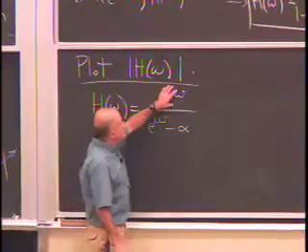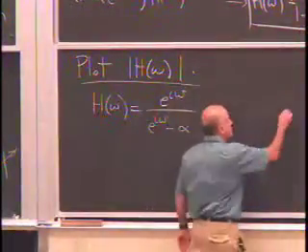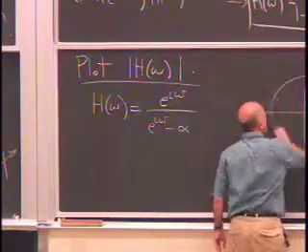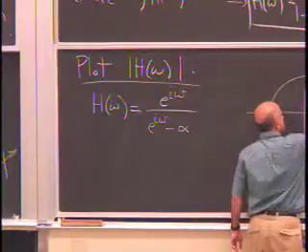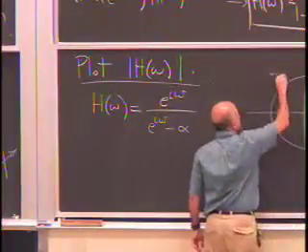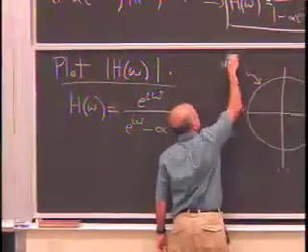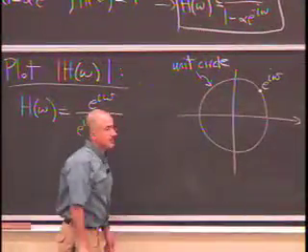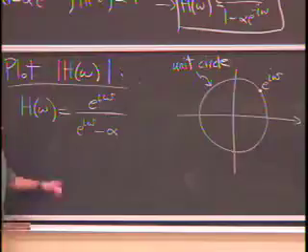The nice thing about this e to the I omega is that you can look at where you are on the unit circle. It's a point on the unit circle. E to the I omega. And this is the unit circle. Okay?